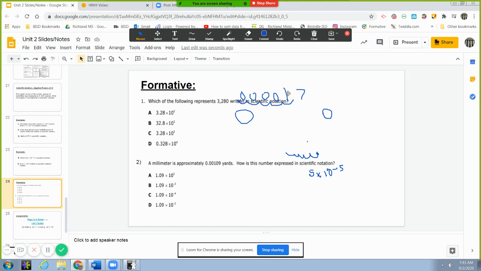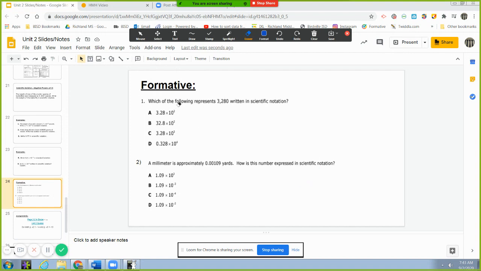Yeah, let's do this. This is how it's going to look on the STAR test. This would be an example of how it looks. So they're going to say, which of the following represents this? So we could put each one in the calculator to see which one works, or we can do it by hand. So I'm going to do it by hand, and then we'll check the calculator. So we need to move back 1, 2, 3 places.